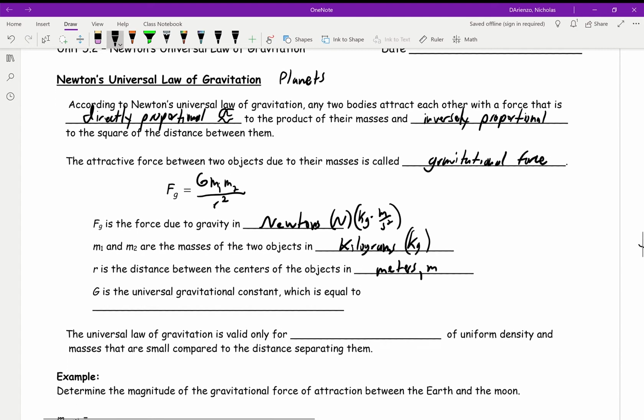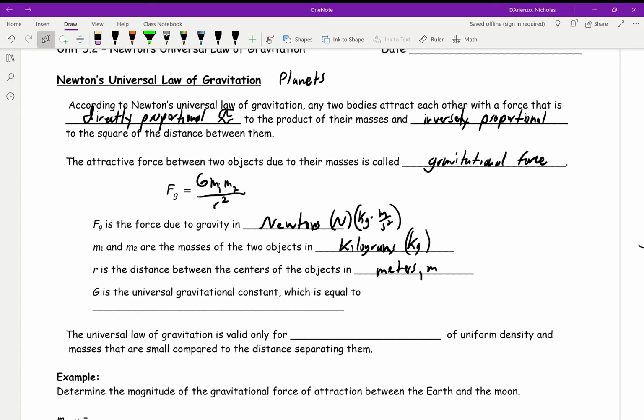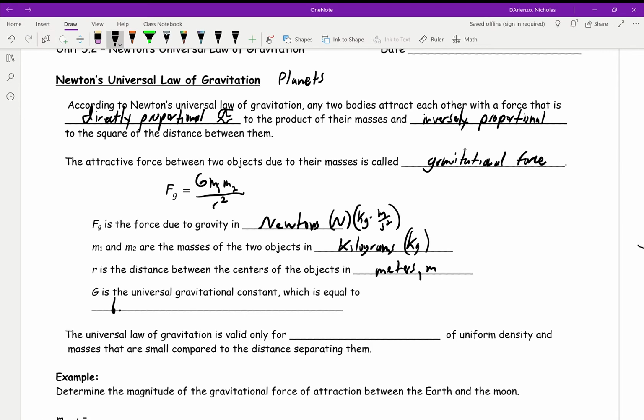G is going to be a universal gravitational constant. This is given to you on the front of the reference table. It's equal to 6.67 times 10 to the minus 11th newton times meter squared over a kilogram squared. And that's going to relate each of the other variables in our equation there.